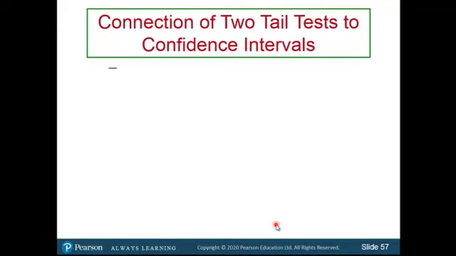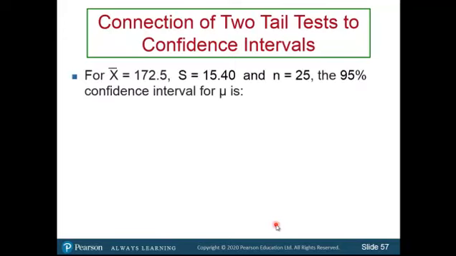Now, the connection of the two-tailed test to confidence intervals. Again, we can use confidence intervals to help us make a decision whether to accept or reject the null hypothesis. In our example, we have a sample mean equal to 175.5, sample standard deviation equal to 15.40, and sample size n equal to 25, and we want to construct a 95% confidence interval for the population mean.